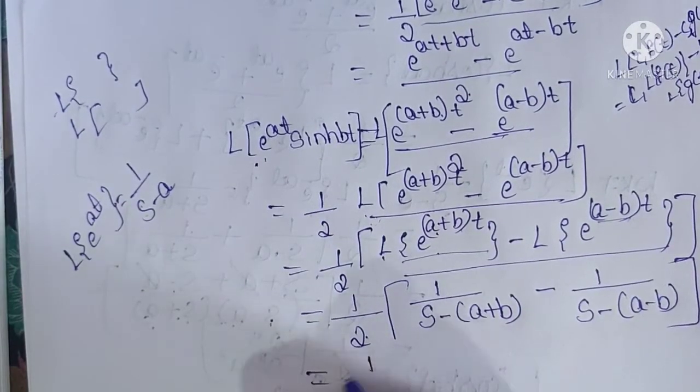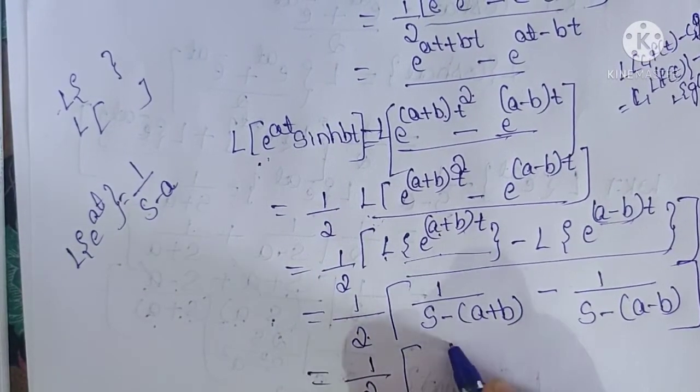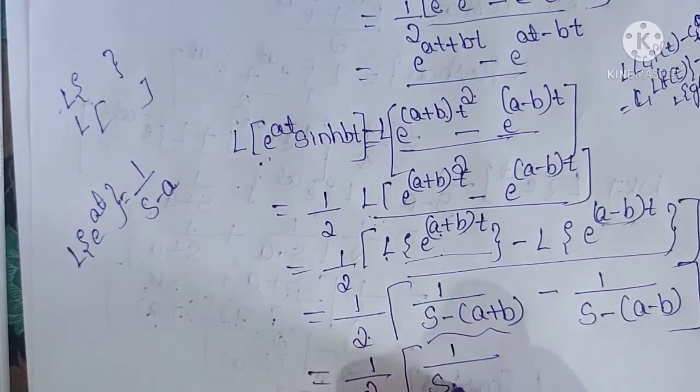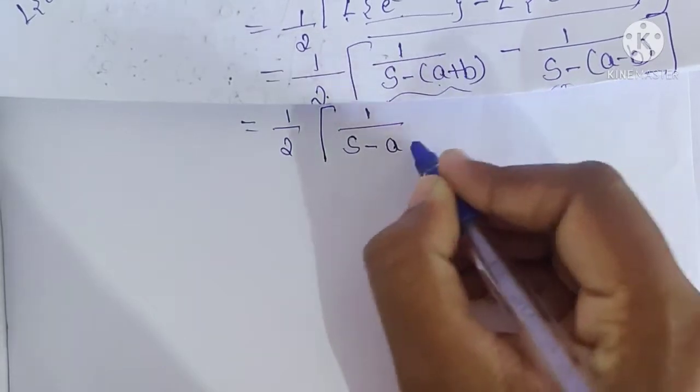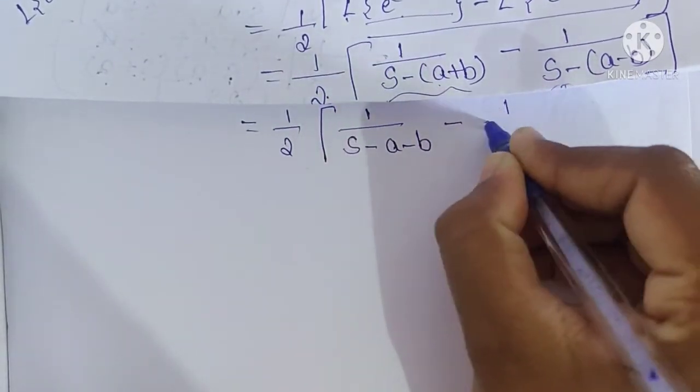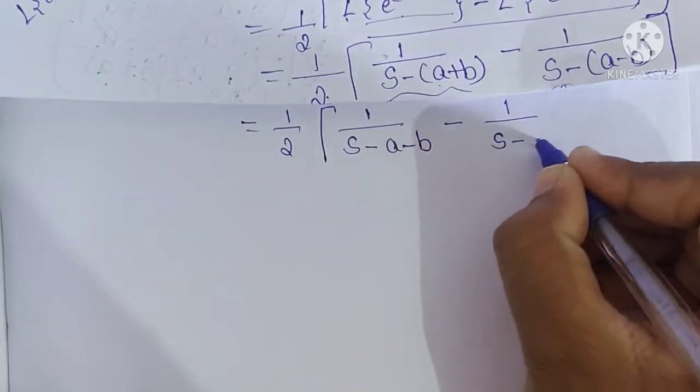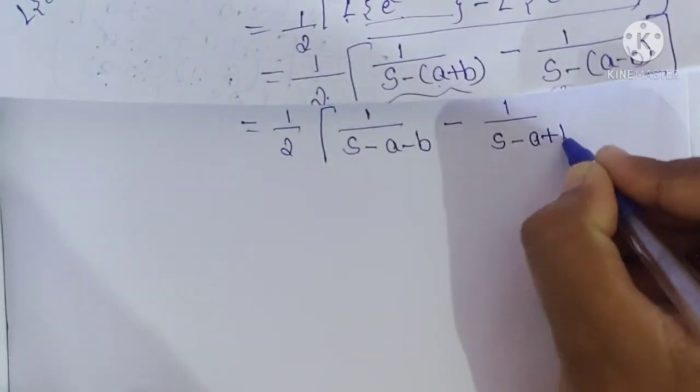This is equal to 1 by 2 into 1 divided by s minus a minus b, minus 1 divided by s minus a plus b.